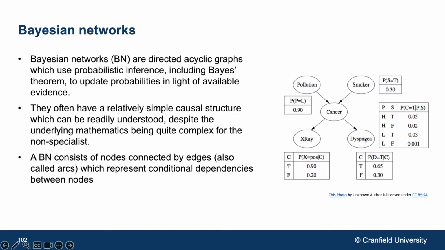So what the medic could do here is say, okay, we know that the X-ray was positive, and we know that the patient has shortness of breath. Therefore, what is the likelihood of them having cancer given that they were a smoker, for example? All that data can be added into the network, and it can provide some likelihoods that a particular condition is true.